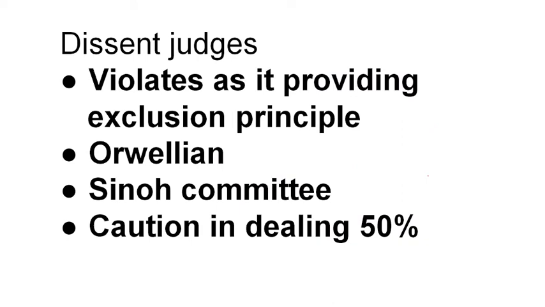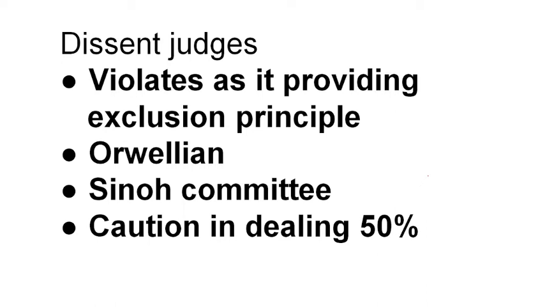Further, the dissenting judges, because there are two judges who dissented from this argument, put forward a very interesting point of discussion, particularly Justice U. U. Lalit and Justice Ravindra Bhat.